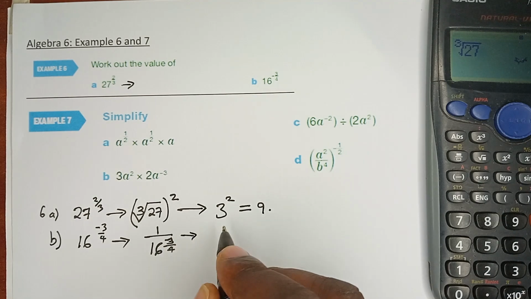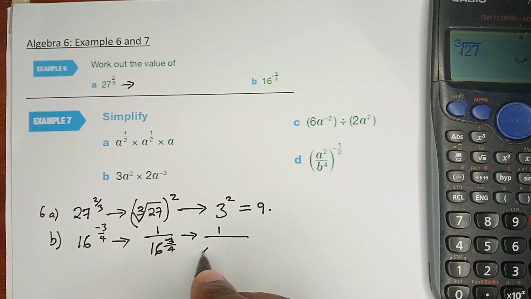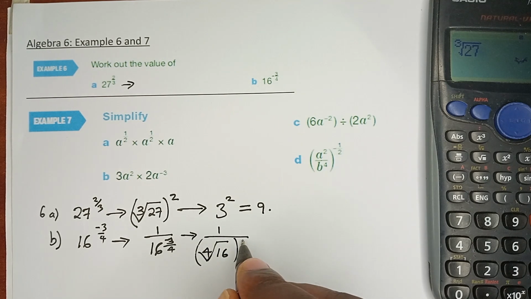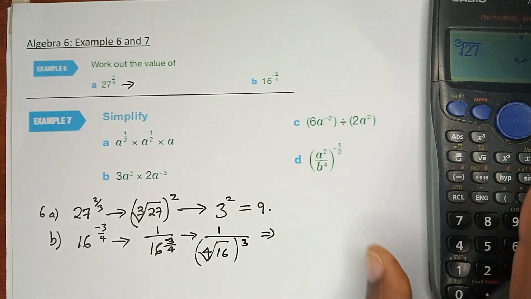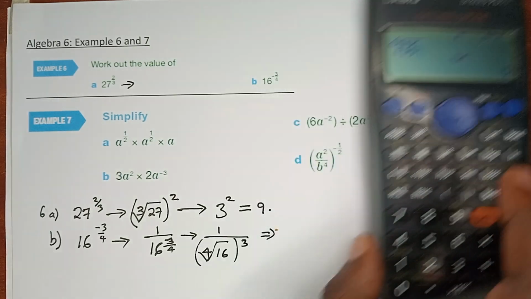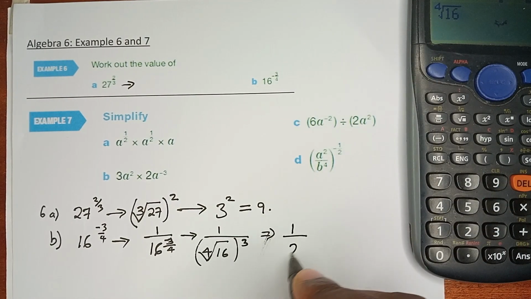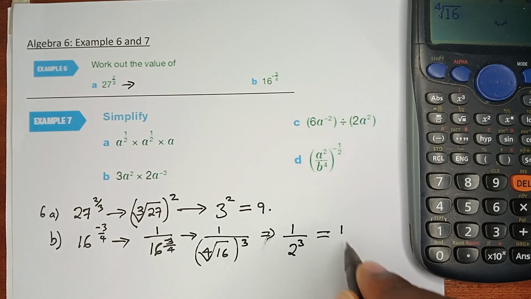And this brings us to a point where we have 1 out of the fourth root of 16, after which we shall cube it. And the fourth root of 16 is simply 2. And after we cube the 2, this is 2 cubed, which gives 1 over 8.